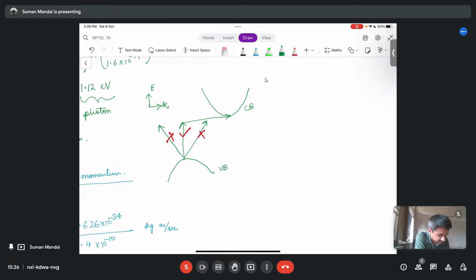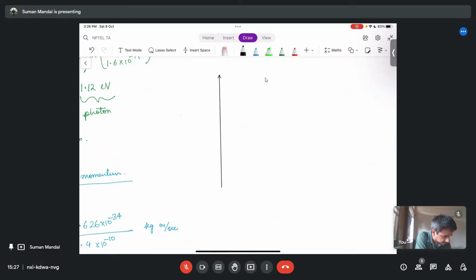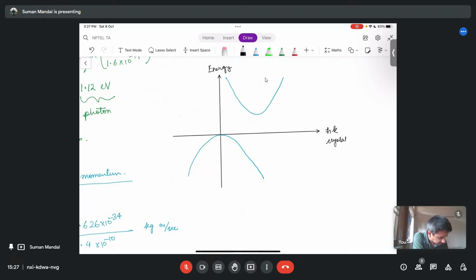So if again we draw it clearly, let this be energy versus h cross k, let's say crystal momentum, or simply wave vector k.